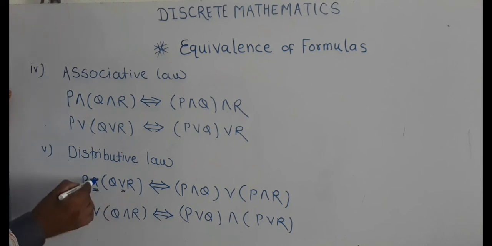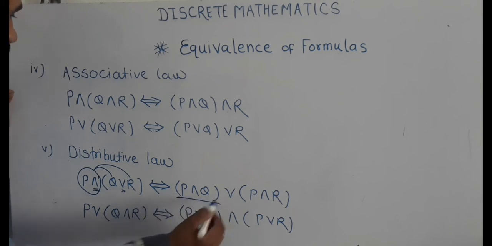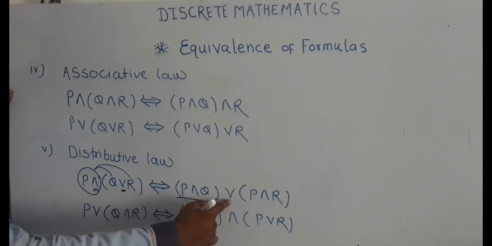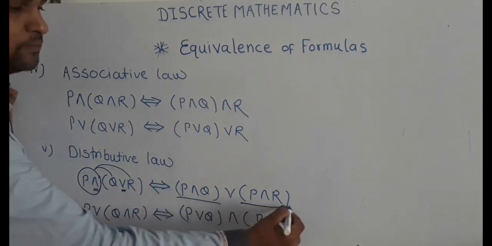Then we have to distribute this P and over this Q and over this R. That's why P and in bracket Q or R is logically equivalent to P and Q, or, the symbol which is outside the bracket now comes inside, P and R.